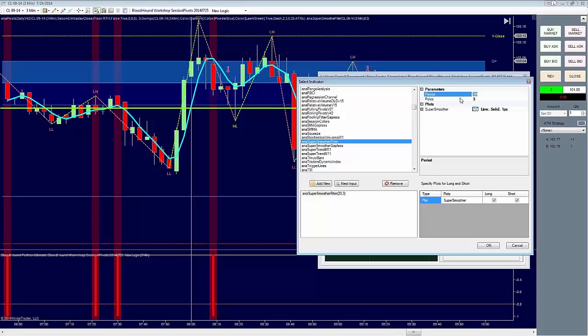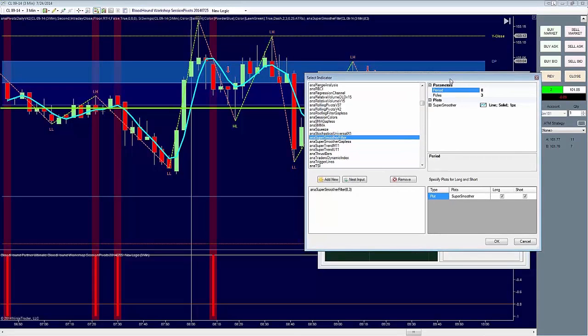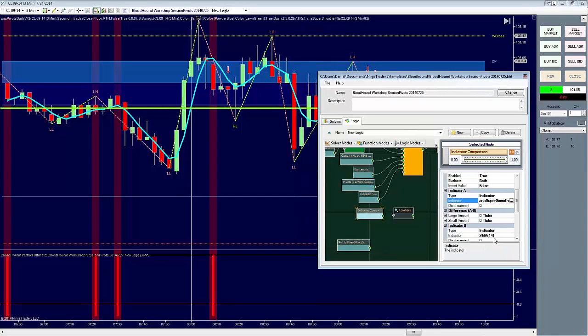And I think this is really just a great way to learn BloodHound and dig into it. Even if you're not trying to make a system that you can use, but you want to make progress in working with BloodHound and defining different conditions, just add 4 or 5 indicators onto a chart, pick out a couple of areas where you would like to take a trade, and then systematically define condition after condition as to why you would have taken that trade there.